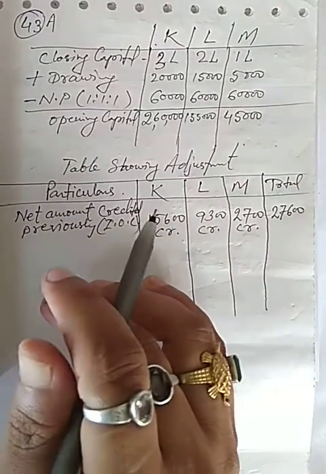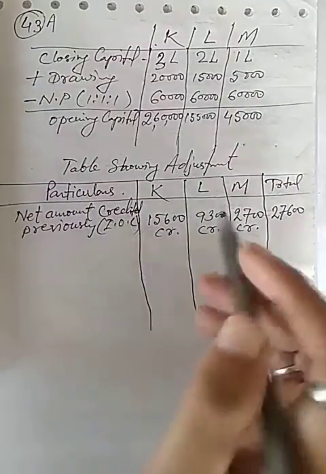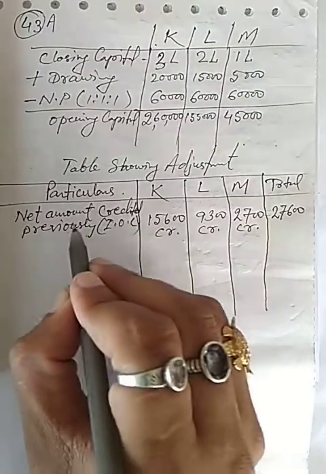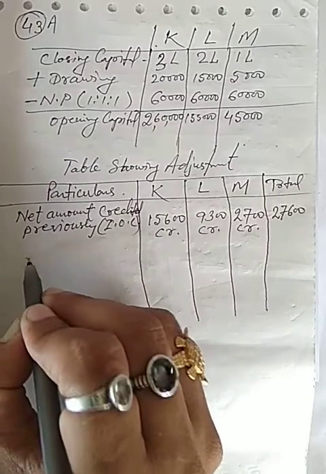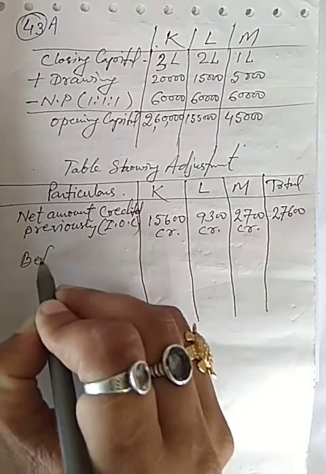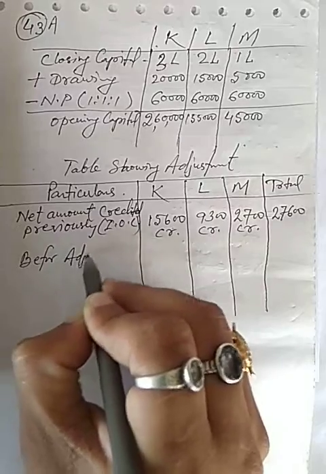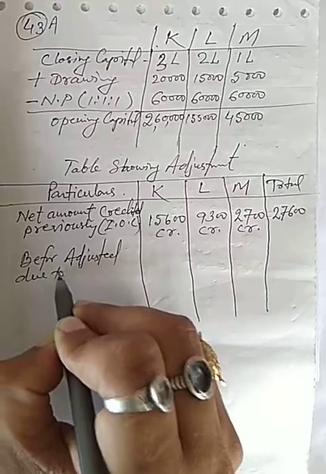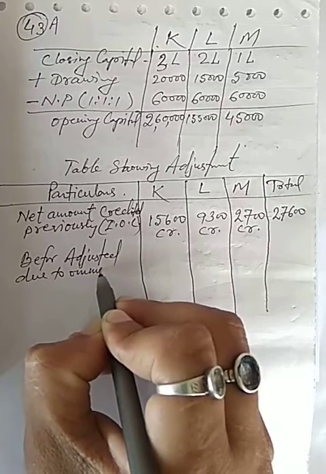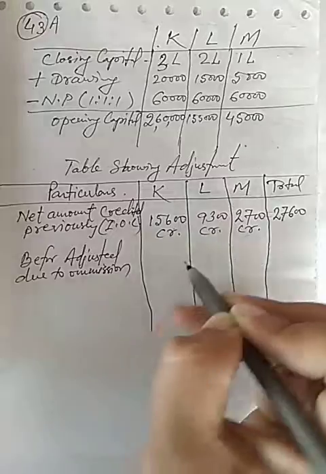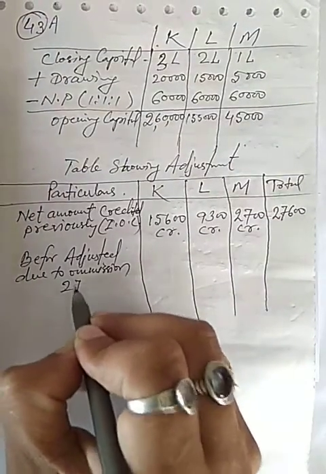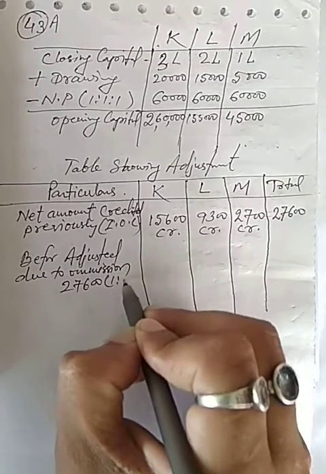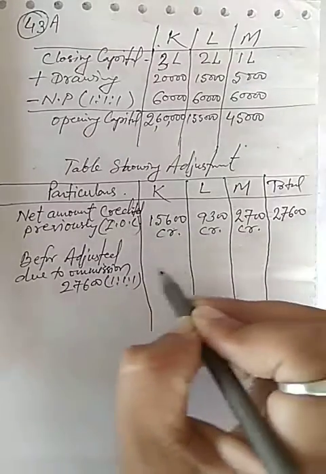Now, due to omission, before adjusted, 27,600, and it will be in equal ratio because the ratio is not given.